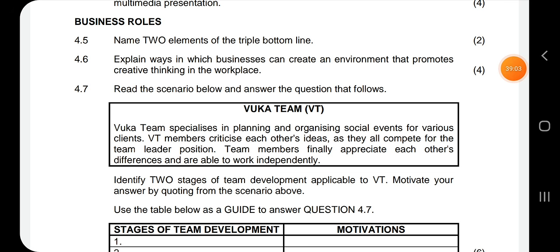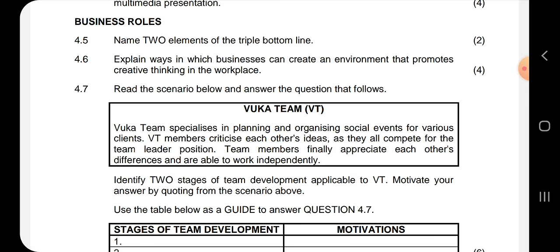Now we are on business roles. 4.5. Name 2 elements of the triple bottom line. 4.6. Explain ways in which businesses can create an environment that promotes creative thinking in the workplace. 4.7. Read the scenario below and answer the questions that follow. VUCA team specializes in planning and organizing social events for various clients.